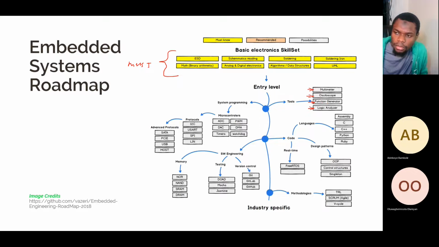I've seen some basic projects online using Arduino or STM32 to build function generators. So oscilloscopes are probably the most expensive ones on this list. But you should try as much as possible to have these tools if you really want to be an embedded systems engineer. They are very important tools.